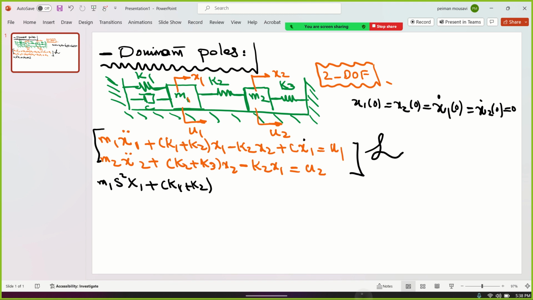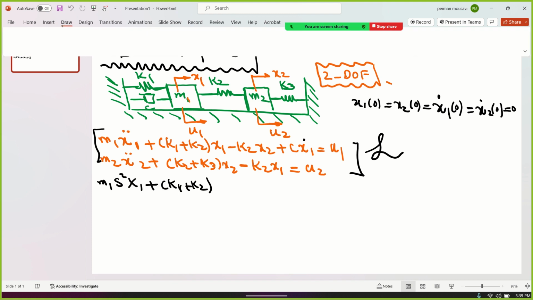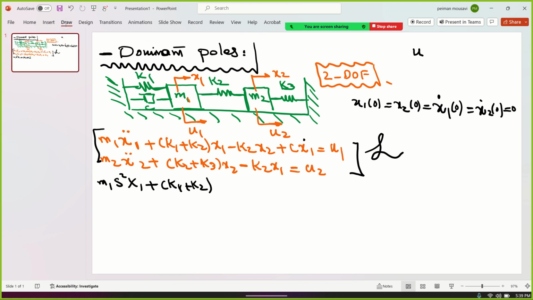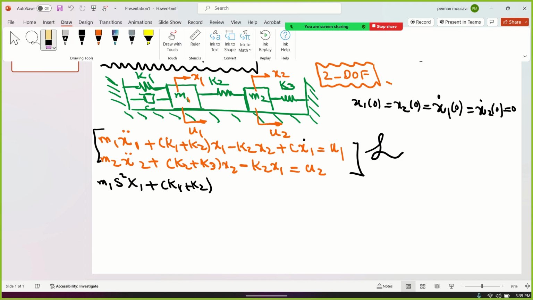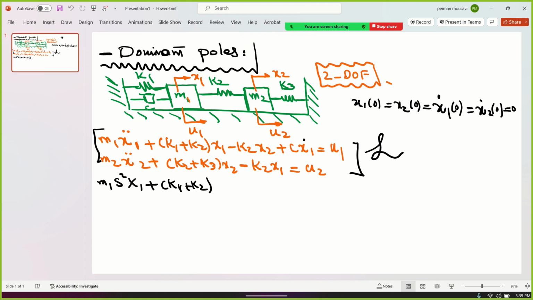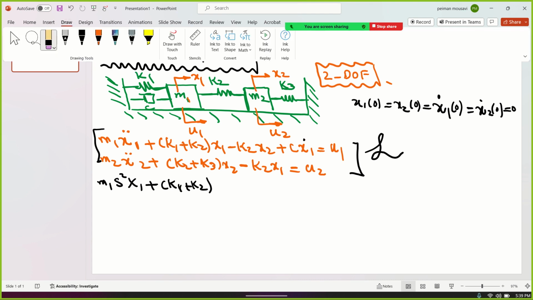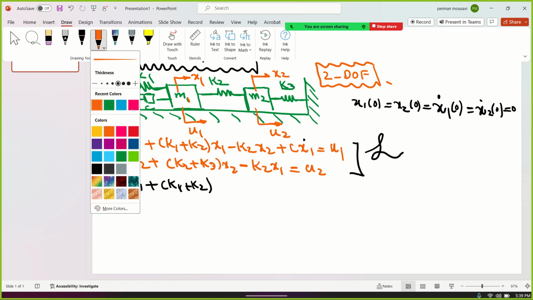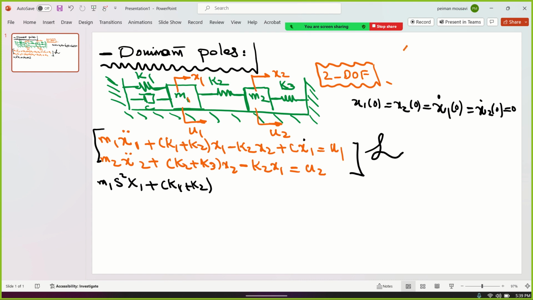What do I want to find? Okay, I want to find X2 over U2, this transfer function.